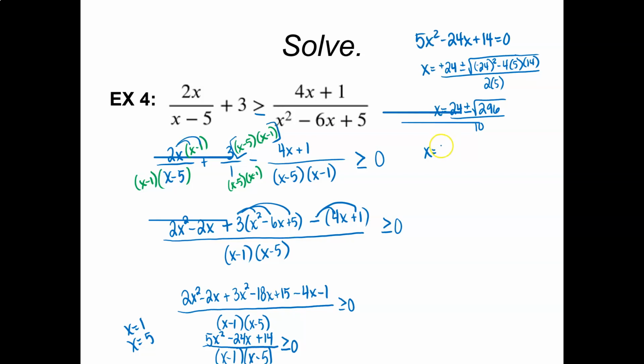And that will give me 4.120. I'm just going to round that to 3 places. It's slightly off because I'm rounding, but it'll be good enough. And then I'll do 24 minus the square root of 296 and divide that by 10, and that gives me 0.680.